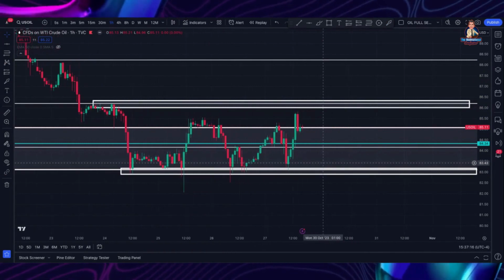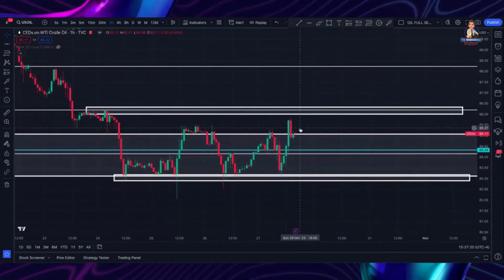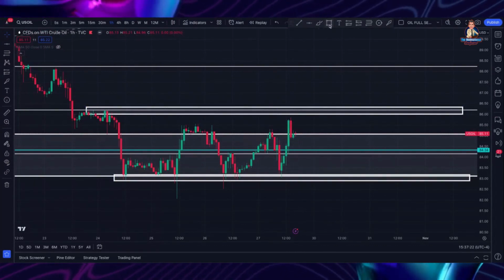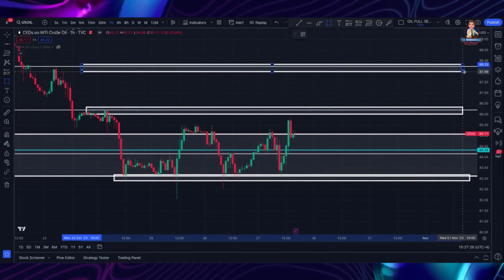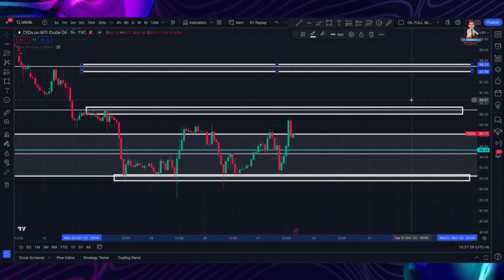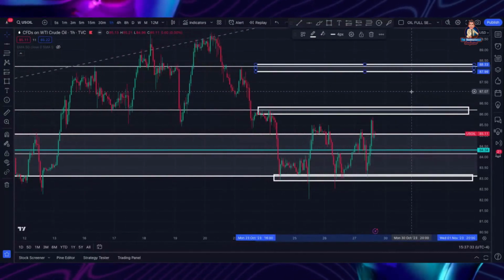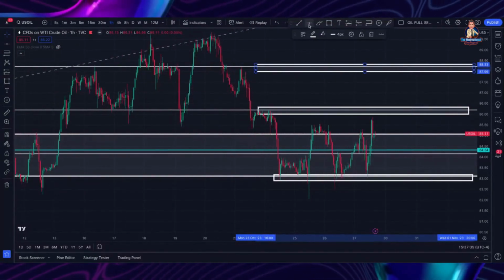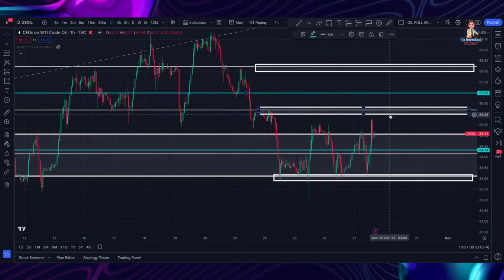So here on the 1-hour, we've established our floor and a temporary ceiling for now. The next major ceiling on that 1-hour chart is going to be up at 88. Now, that does not mean that there are not going to be smaller areas in between. You've heard me talk about the psychological numbers. I like the whole numbers, so I like that 87.